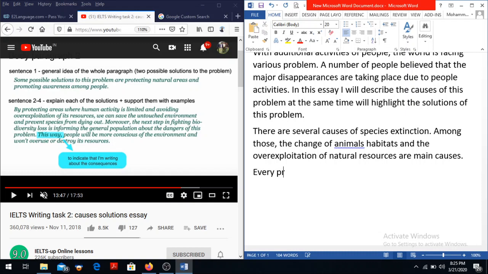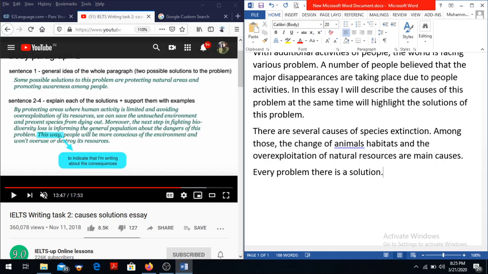Every problem has a solution, so we can write one sentence like this.